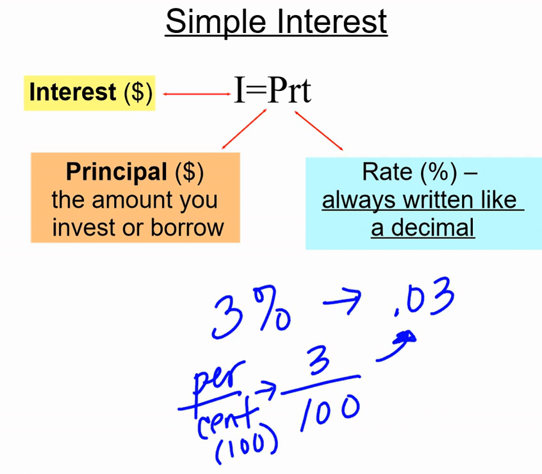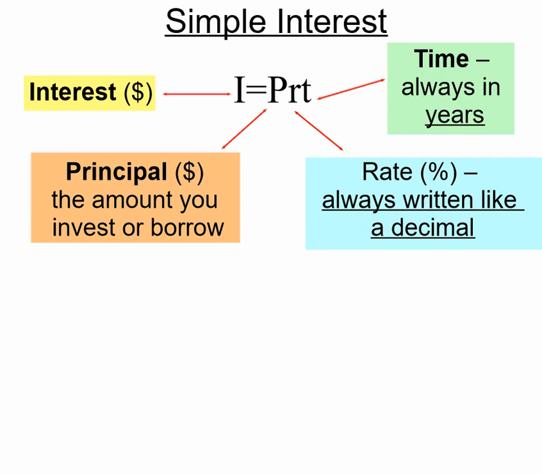Some of us might remember from 5th grade when they told us to take a percent, drop the percent sign, and move the decimal 2 places over. So there are different ways to come to that, but the rate always needs to be written as a decimal. That's really, really important.